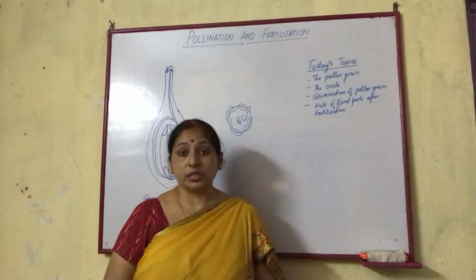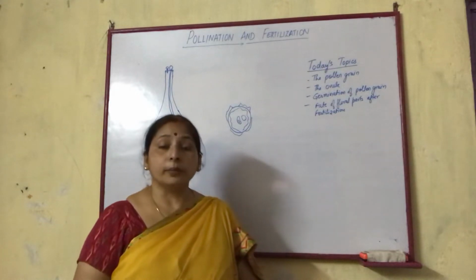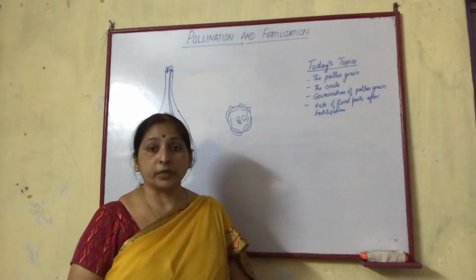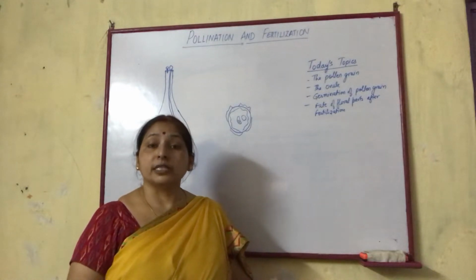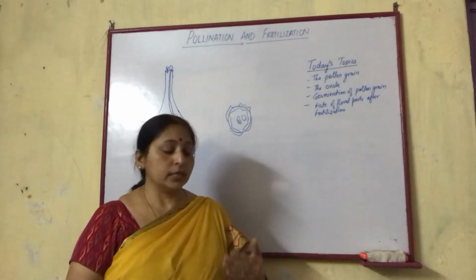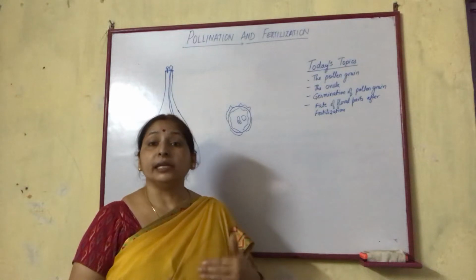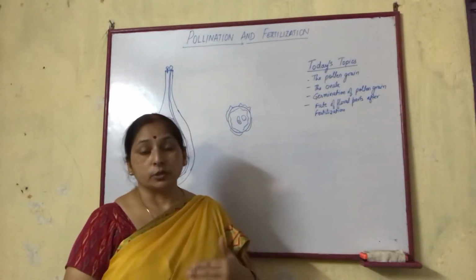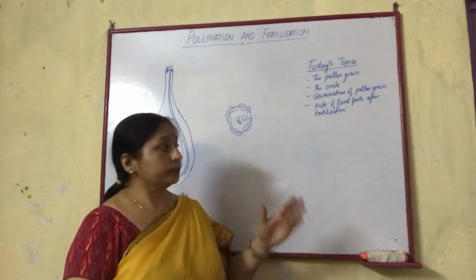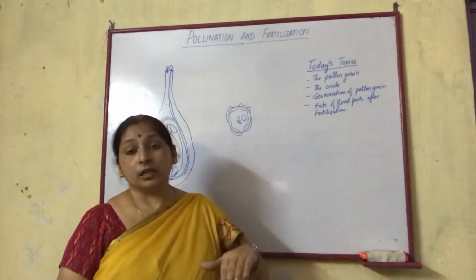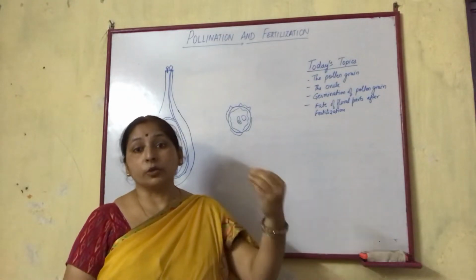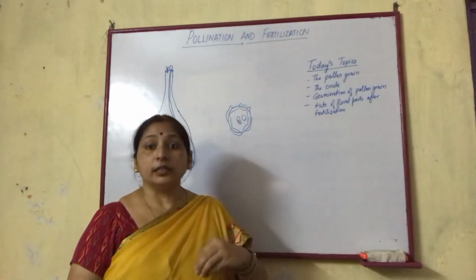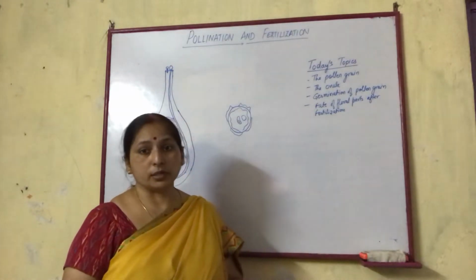After fertilization, fruit formation takes place. Fruit and seed is a stage intermediate between two generations. The seed stage again forms a new plant, so a new generation develops from seed.